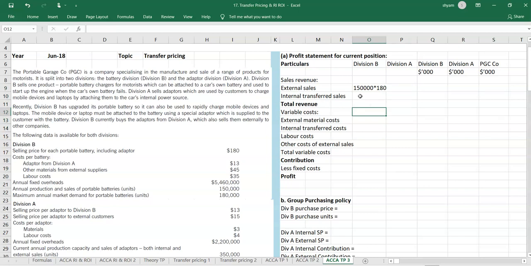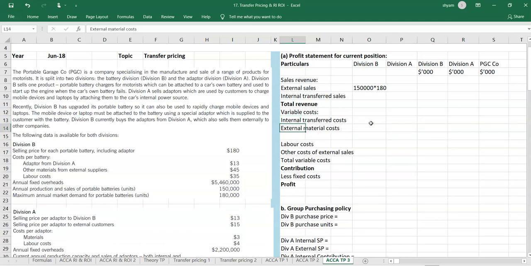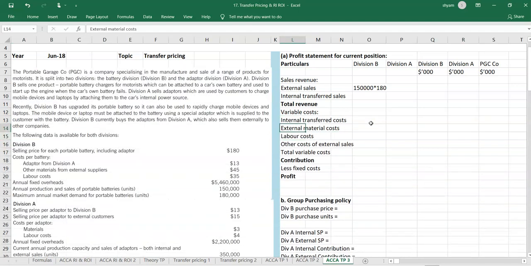The variable costs, if you see, they have variable costs such as adapters purchased from division A. So internally transferred cost is going to be 1,50,000 units into 13.